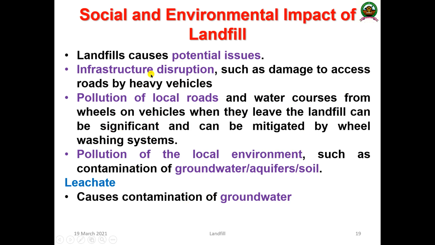This waste material reaches deeply into all the layers and will undergo biomagnification once it has entered the food chain and the food web. And the leachate causes contamination of the groundwater; when it is leaching out, the contaminants reach the environment and cause a lot of issues.